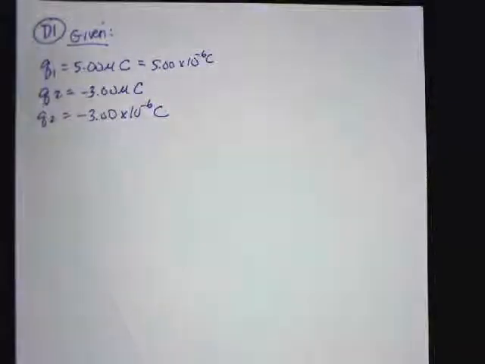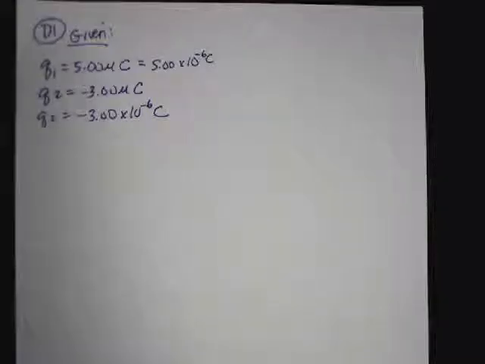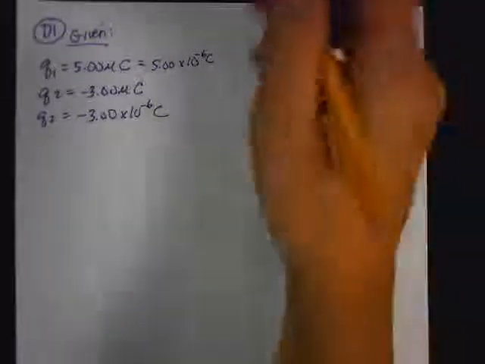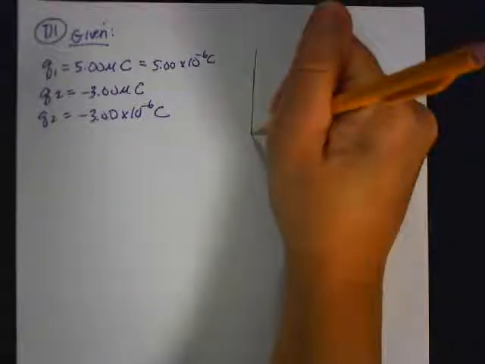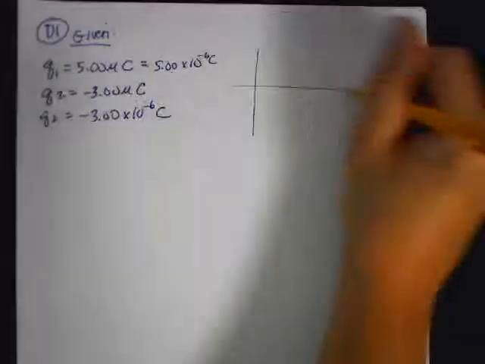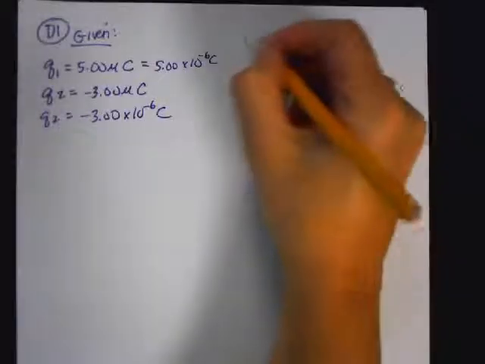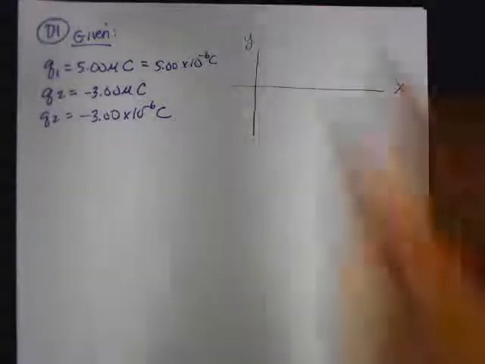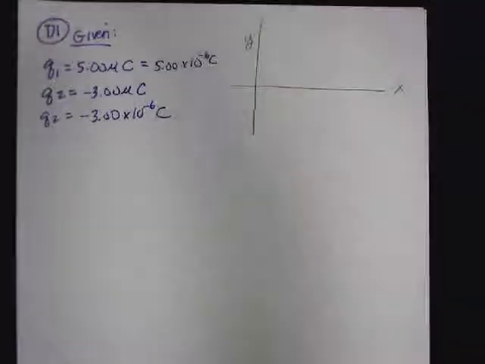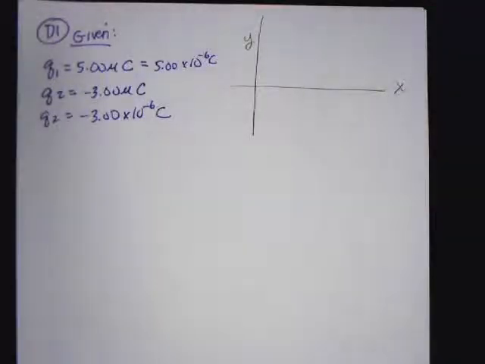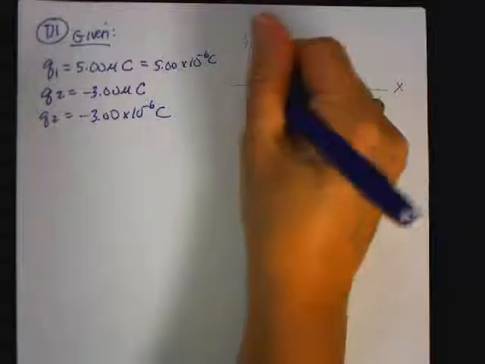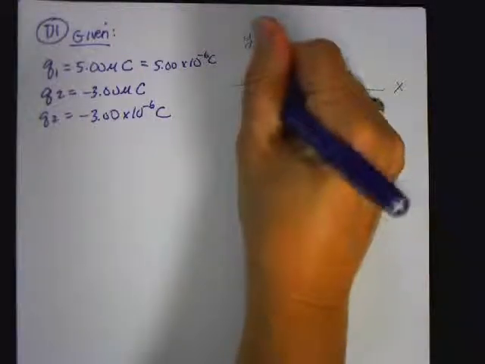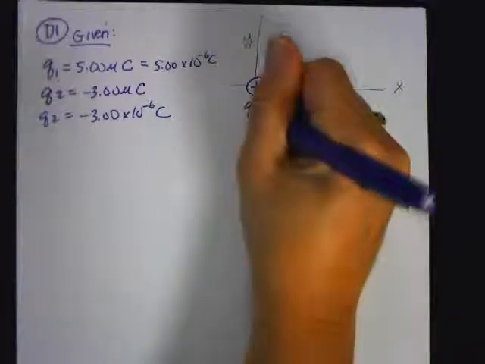All right, so the next thing I'm going to do is draw my picture. So this is X, this is Y, and it tells me that the first one is at the origin, so this is my positive charge, and this is Q1.